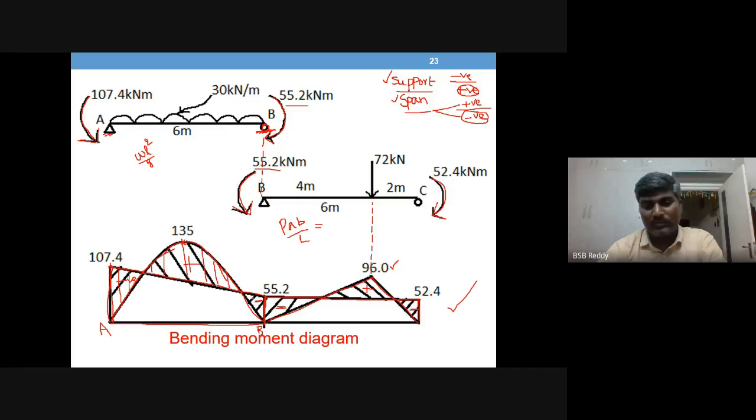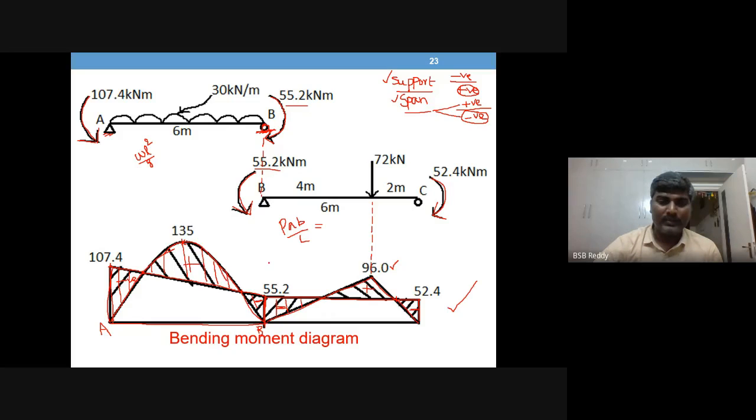Then positive values again becoming negative values and coming to 55 point. Likewise, the other portion also is becoming 0, negative to positive, again becoming 0, positive to negative. This is how the bending nature is.